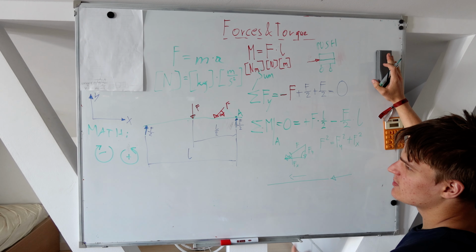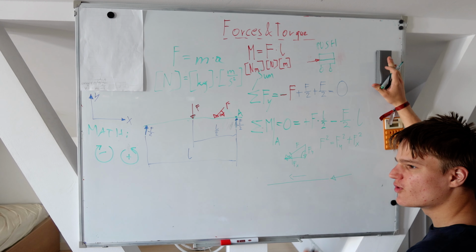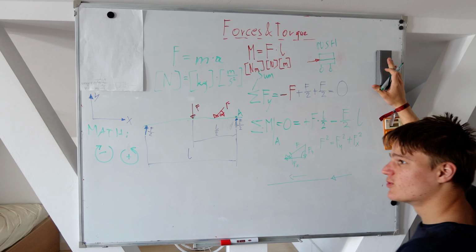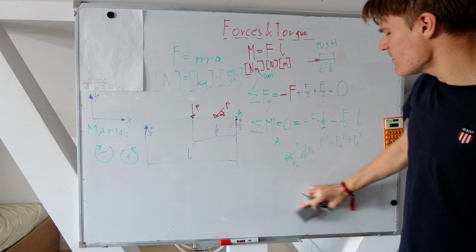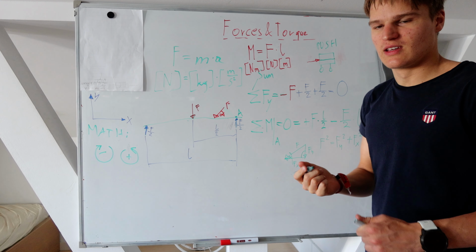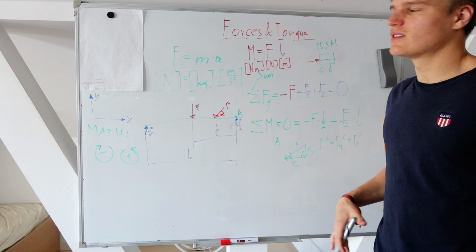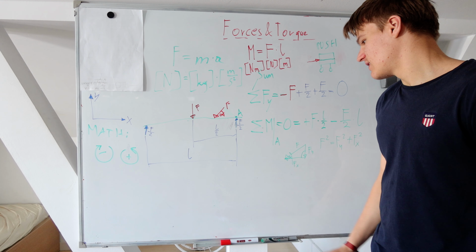So, of course, the bench has to have an equally large force that is pointed towards the opposite direction to compensate for that, right? Because if it didn't have that, it would start moving. It would start moving by the force F, which is, of course, again, F is m times a, but let's just forget about that.